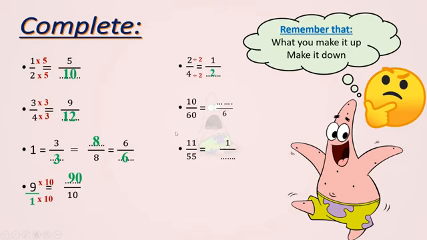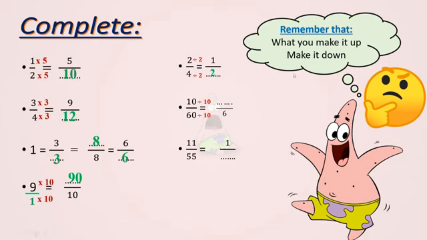Okay, what about 10 over 60? First, does the denominator here get bigger or smaller? 60 became 6. It gets smaller, yes, so I'm going to divide. 60 divided by 10 equals 6. What you make down, make up to get an equivalent fraction.